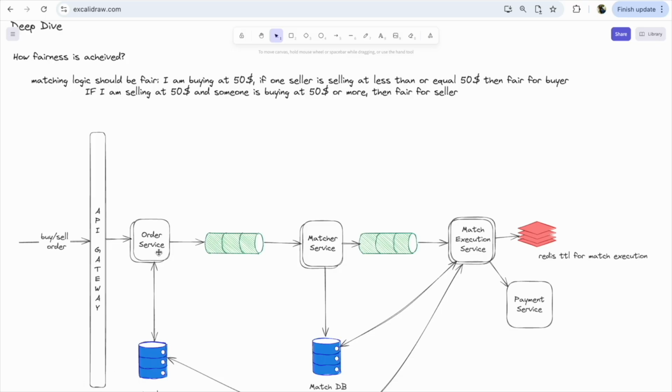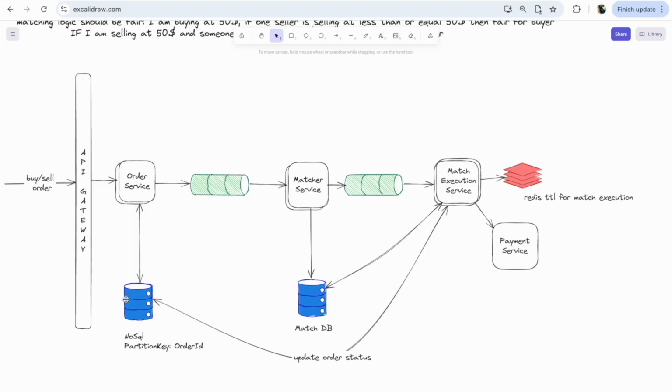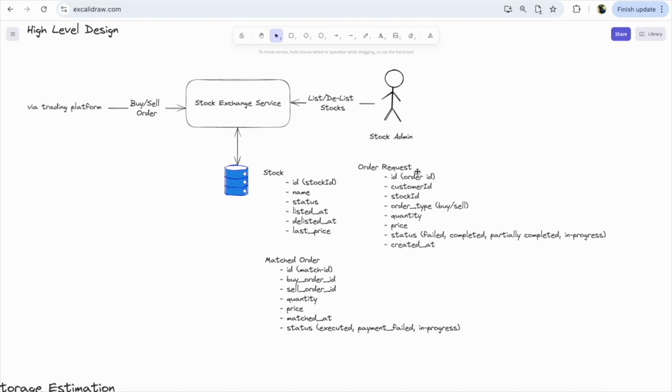The order service takes the buy or sell order request and stores the orders in this orders database. So what kind of database do we need for the orders? Let's see the order request table we had. We are storing order ID, customer ID, stock ID, order type, quantity, price, status, and timestamps.